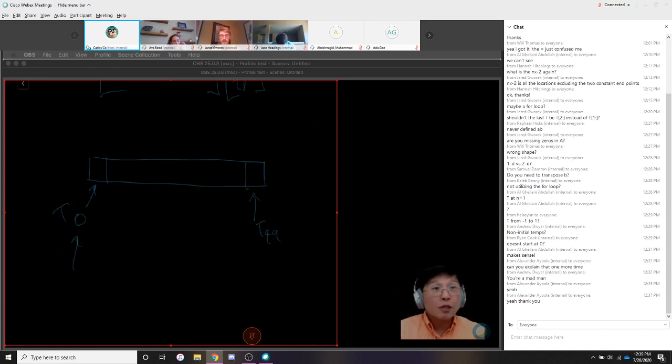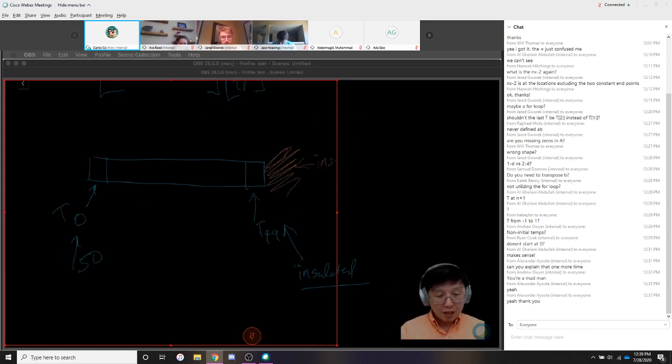In our problem, the temperature at 0 was specified to be 50 Celsius, I believe. And this other side remains perfectly insulated. It's always insulated, so this side always has perfect insulation.